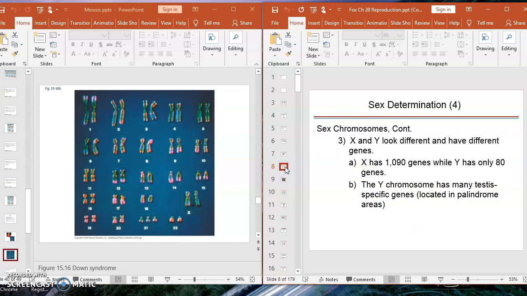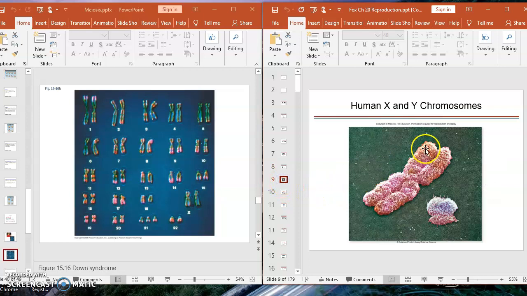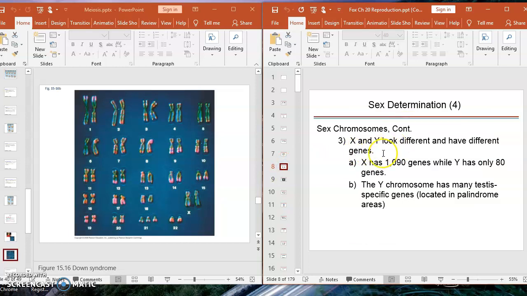Now, the X and Y chromosomes look different. Go to that picture. Here's the X, here's the Y. The Y, we know evolutionarily, was derived from the X. So the X has about 1,090 genes, while the Y only has 80.